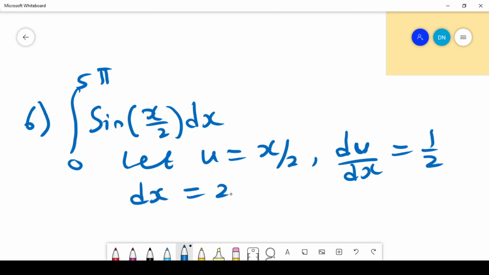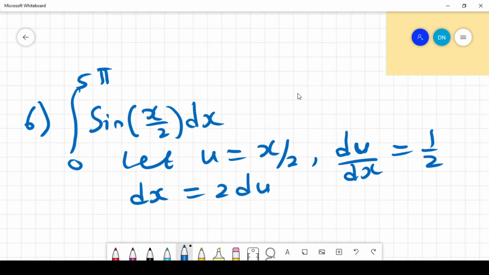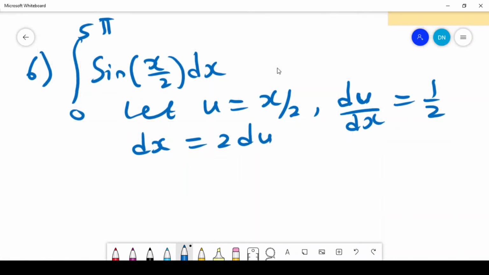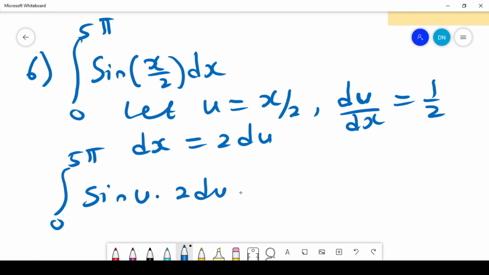So dx is equal to 2 du. So then I'm going to change my equation slightly to make it easier for me to integrate from 0 to 5 pi. Then it will be sine of u times 2 du, which will be minus 2 cos u.